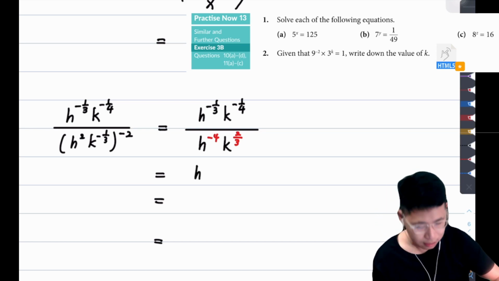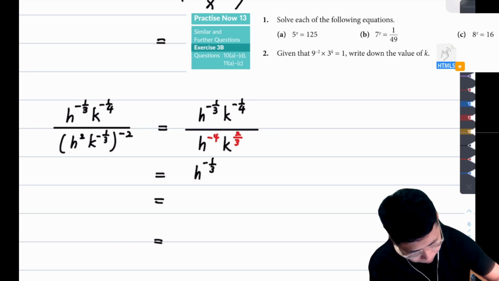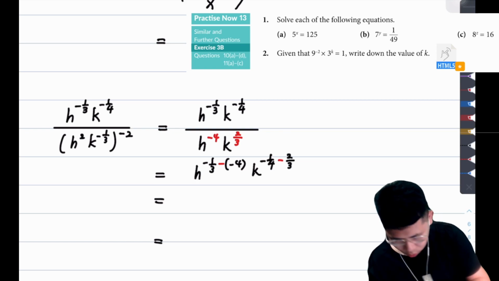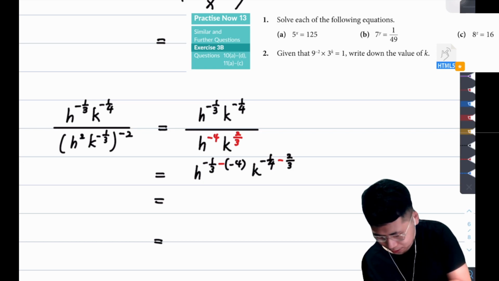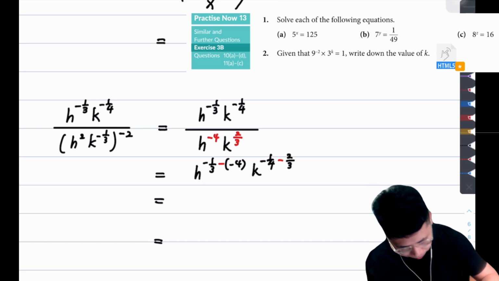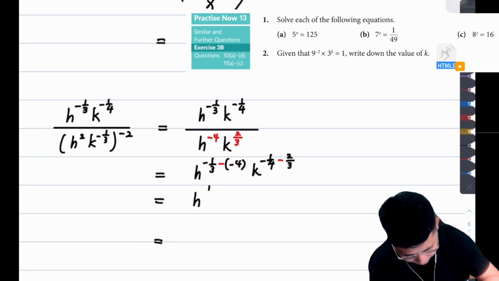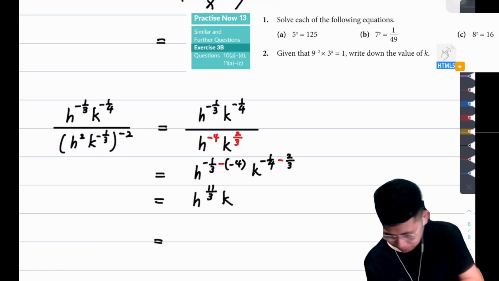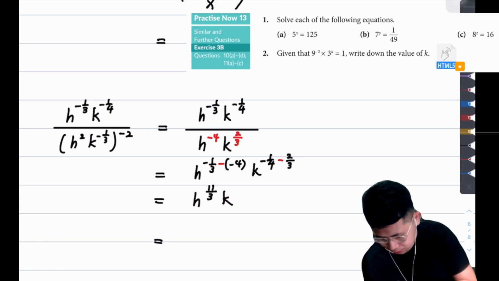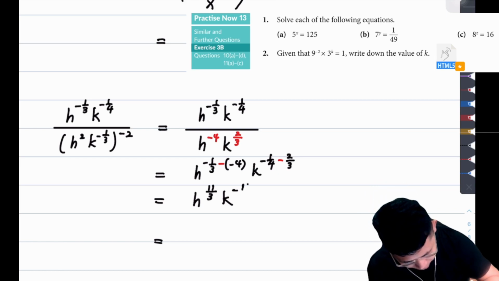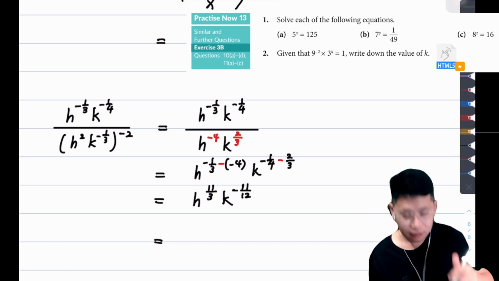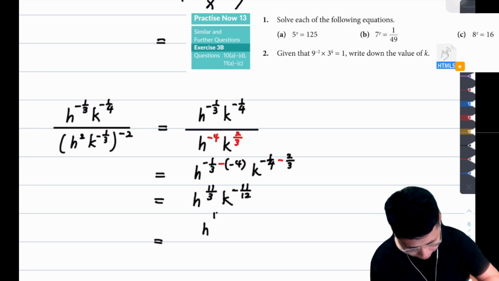Let me do my law of indices, with my negative 1/3 minus the bottom negative 4. And I have my k, negative 1 over 4 minus 2 over 3. So over here, my h, minus 1/3 plus 4, so I have h to the power of 11 over 3. For k, I have my power negative 11 over 12. So the negative power will go down, so h to the power 11 over 3.